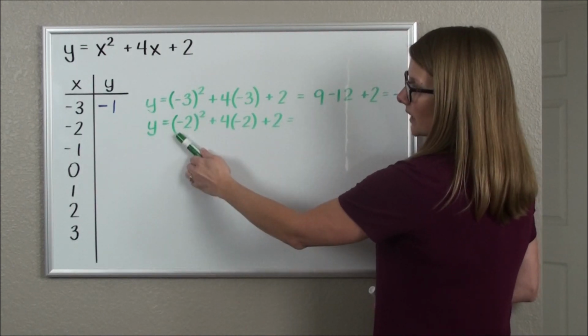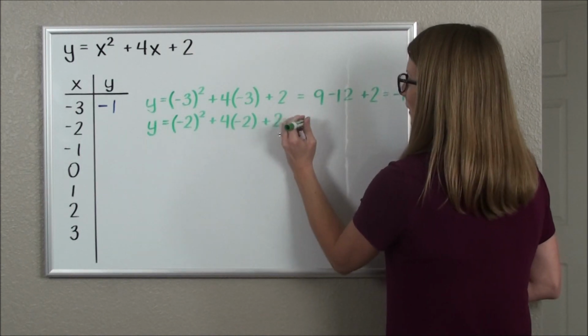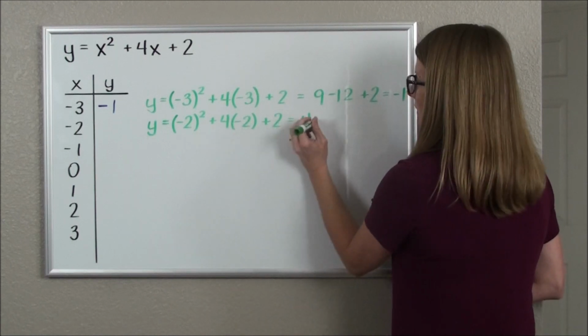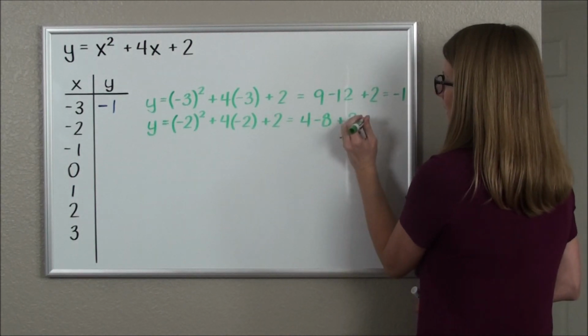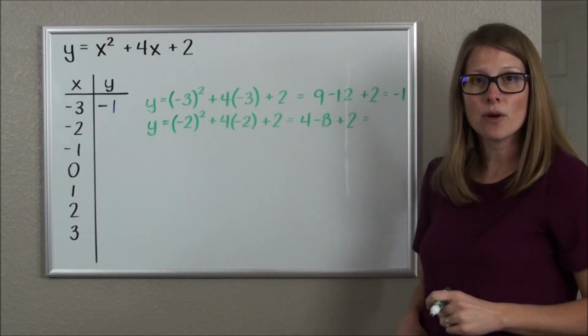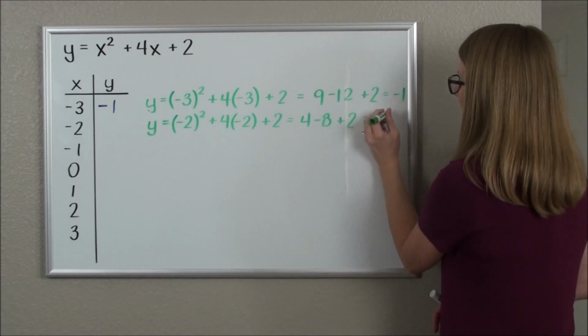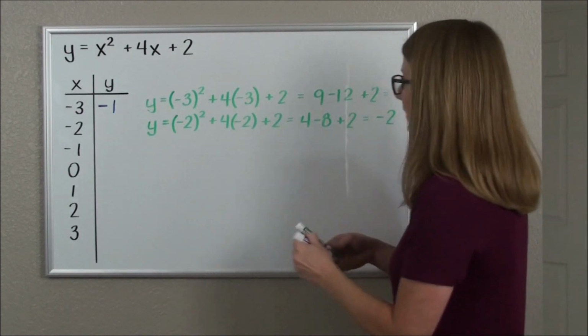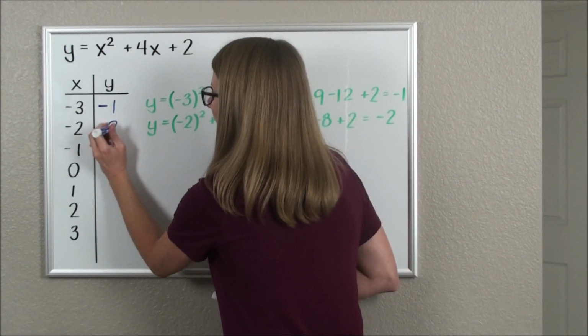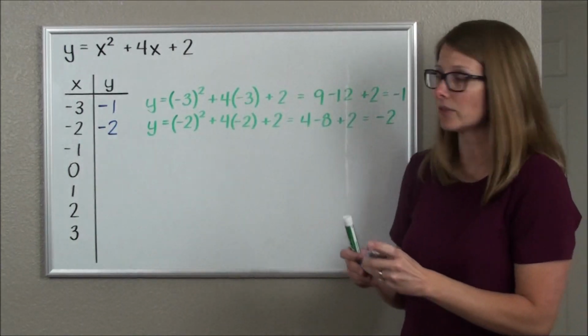Negative 2 squared is negative 2 times negative 2, which is 4. 4 times negative 2 is negative 8, and then we have plus 2. 4 minus 8 is negative 4. Negative 4 plus 2 gives us negative 2. I don't see at this point any ability to see a mirror. I only have 2 values, so I can't see any reflections yet.